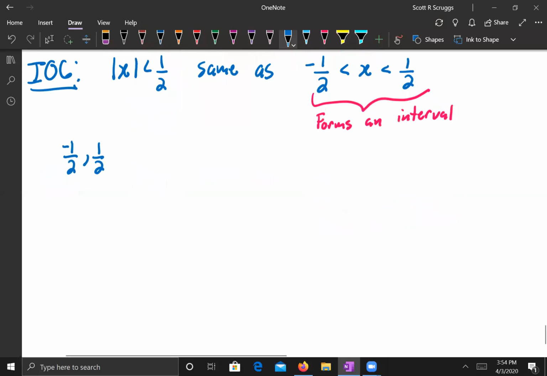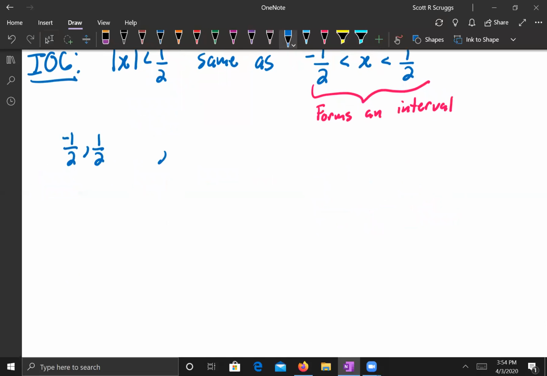So now I got to check if I can and cannot include the endpoints for this problem. And the way we check, we plug it into our power series and see if we have a convergent or a divergent series.